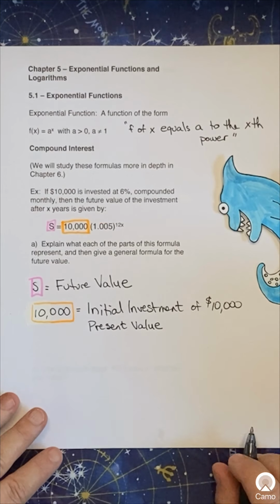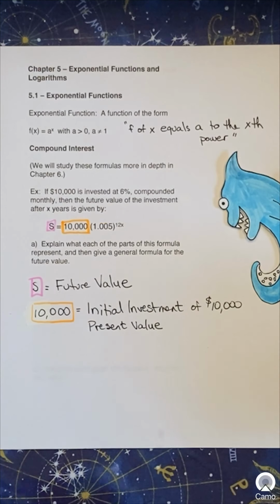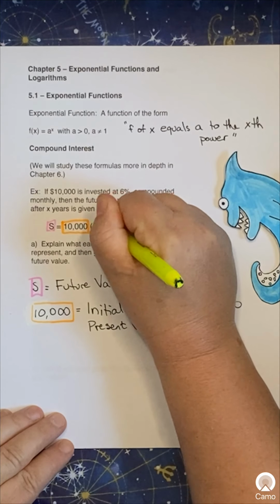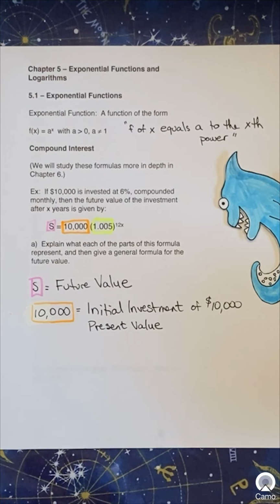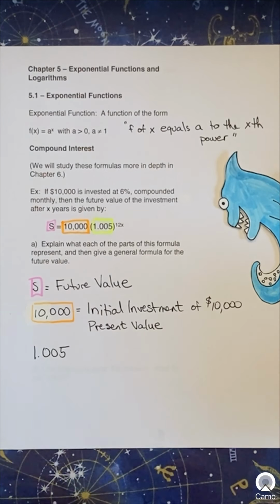Okay. Now I am going to skip the 1.005, because that is not going to be obvious what's going on there.